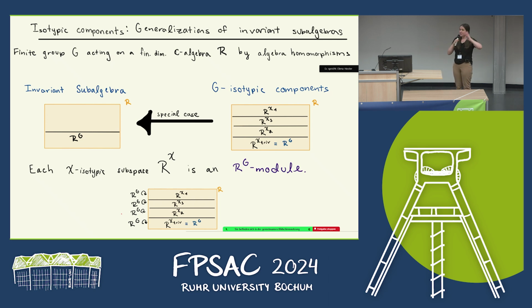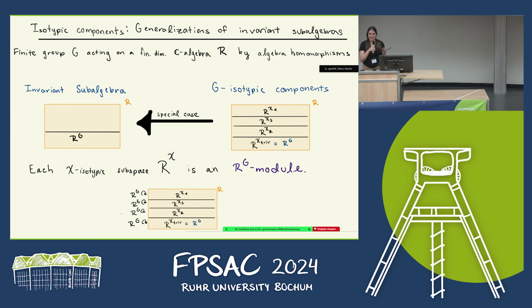So we could fully decompose it into a direct sum of irreducible G representations. Now, that full decomposition is not going to be unique, but what is unique is the coarser decomposition you get by grouping the irreducibles of the same isomorphism type. And these are called isotypic components.